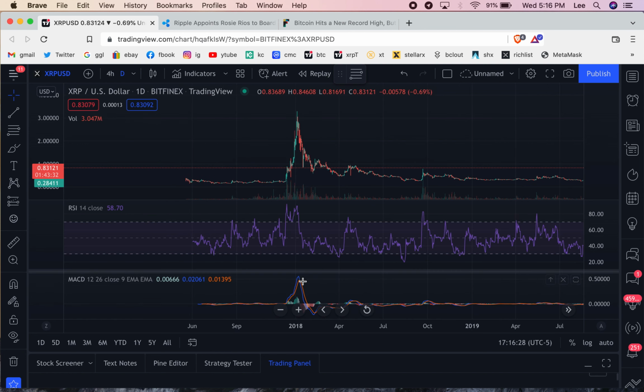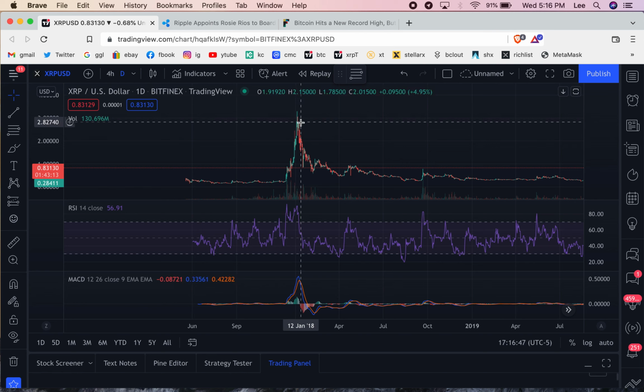This is called a bearish cross. Anytime the MACD line crosses over the signal line, the orange line is your signal line, the blue line is the MACD line, so anytime that crosses down, it's a bearish move. And look, it just follows the RSI perfectly. So you would have taken profits at the MACD cross. Usually when it crosses, it would have been $2.70 where you would have taken profit.